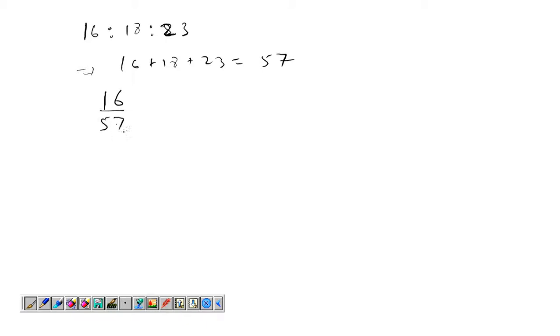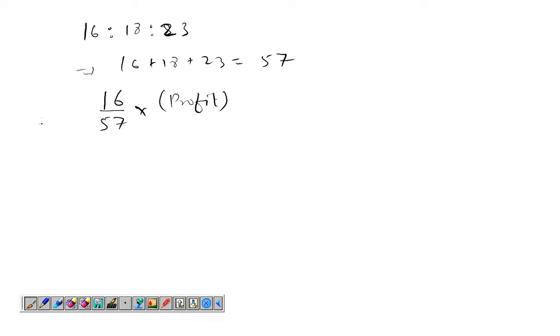The simple way is when we get the ratio, which is 16 is to 18 is to 23, we simply add 16 plus 18 plus 23, which is 57. The share of A in the profit would be 16 upon 57 of the total profit.